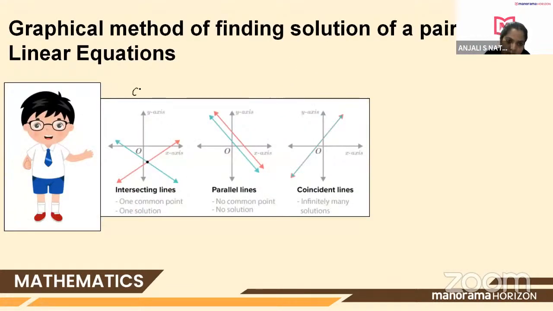This is case 1. We have intersecting lines, so there we have one common point, which means we have one solution here.